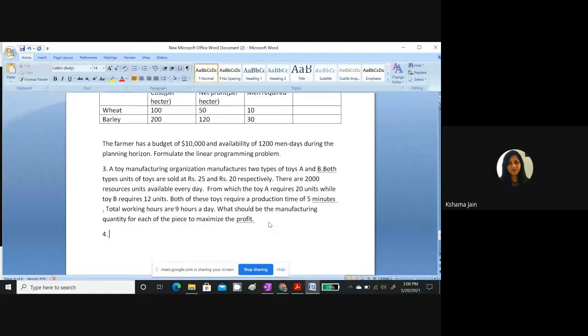The advertising alternatives for a company include television, newspaper, and radio.